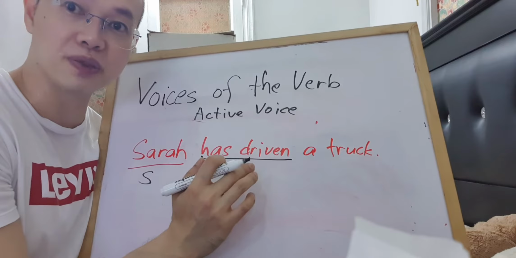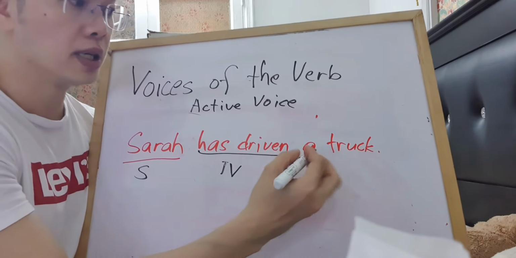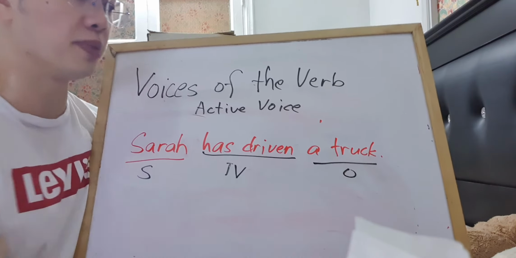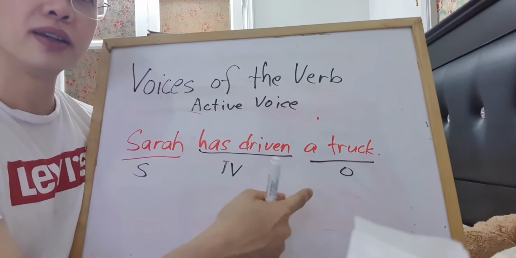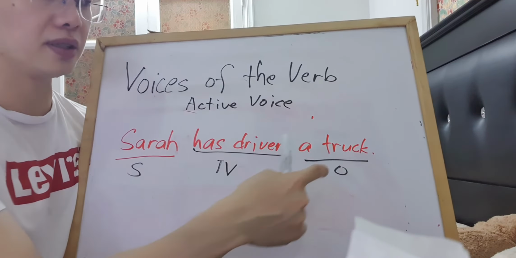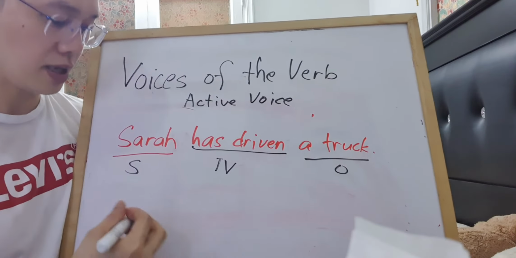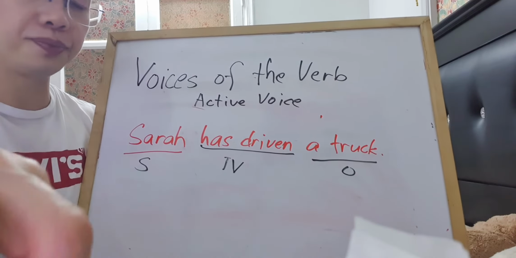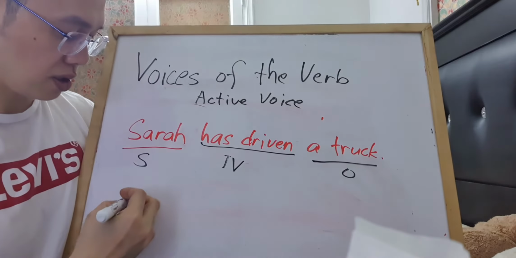Remember, your present perfect form is has plus PP. Then a truck is your object. So the same thing, when you transpose this to a passive voice, your object becomes your subject. So you will have a truck.